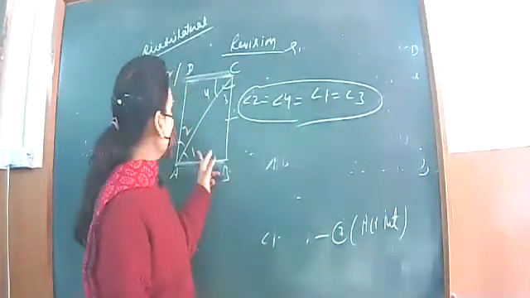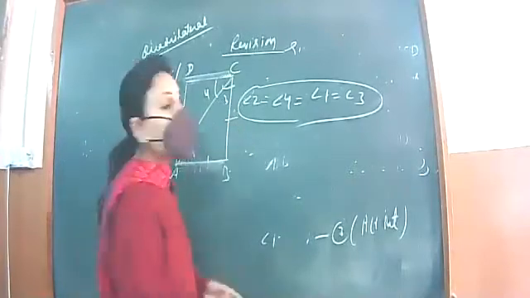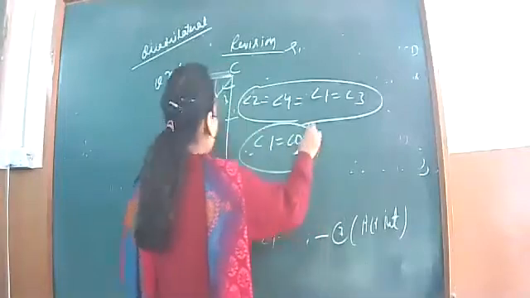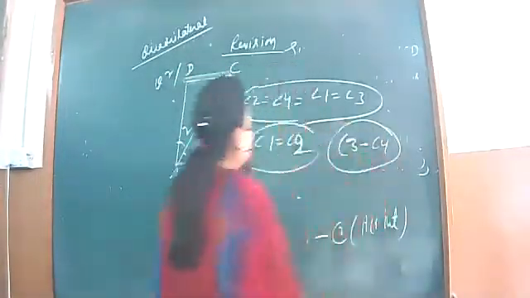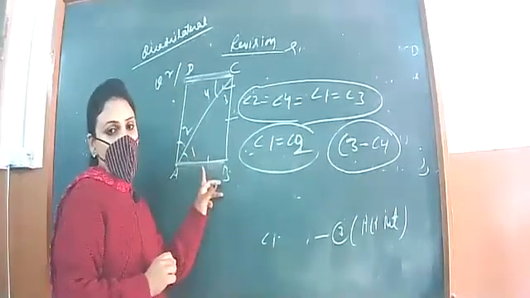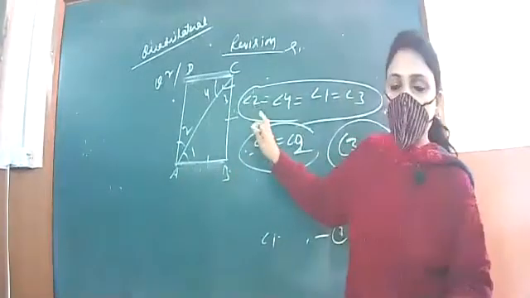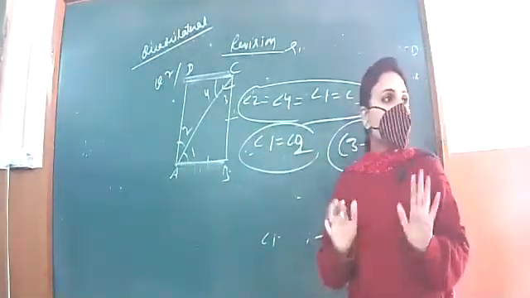We need 1 is equal to 2 and 3 is equal to 4. So from here you can conclude that 1 is equal to 2 and 3 is equal to 4. When 1 is equal to 2, we can say that AC bisects angle A, and when 3 is equal to 4, in the same way we can say that AC bisects angle C.